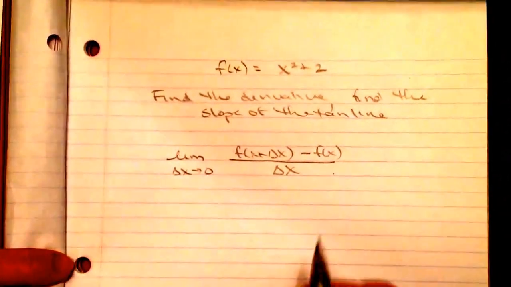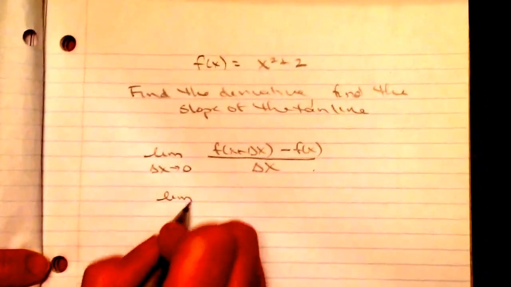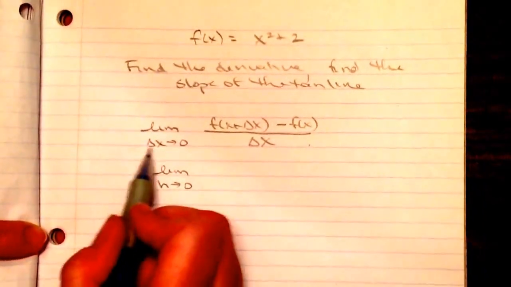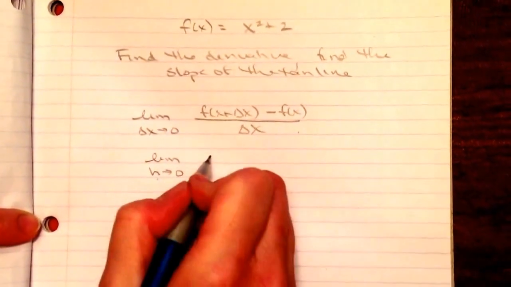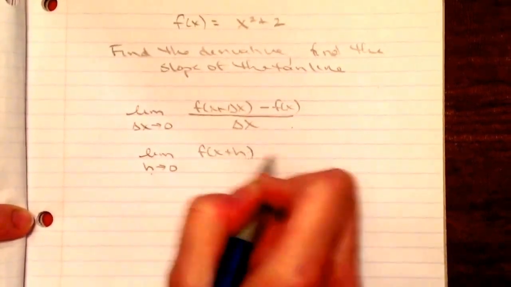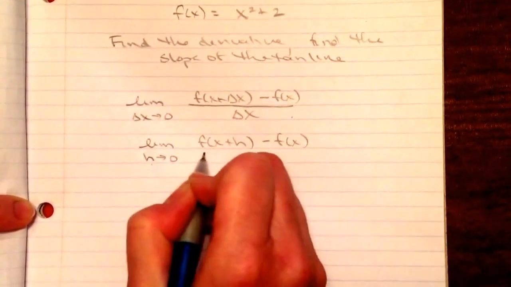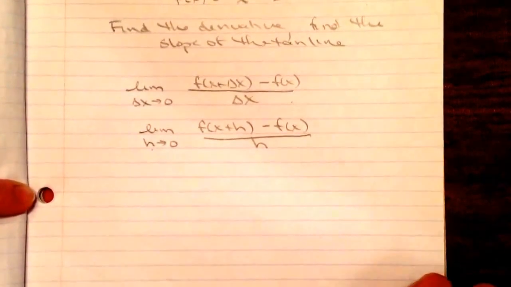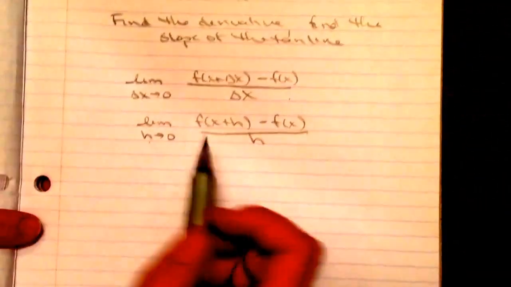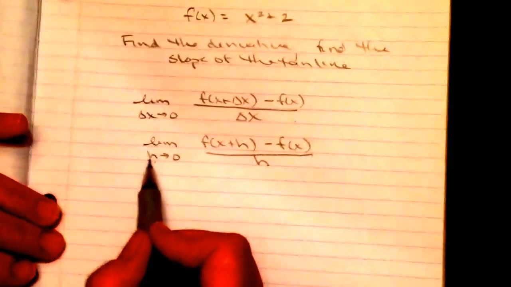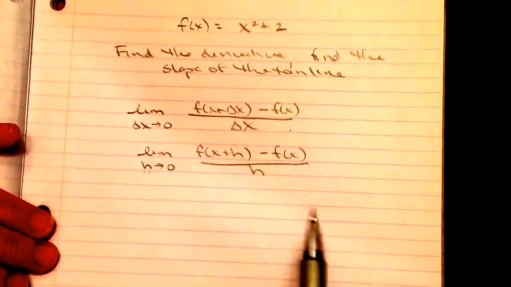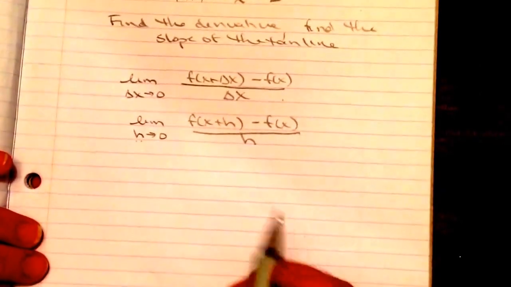But if you remember in class, I said that I prefer to call this delta x h, because when you have an x and you have a delta x in the problem, sometimes it gets confusing. A lot of people in calculus decide to call that delta x h, and so we're going to do that. That shouldn't be new to you.